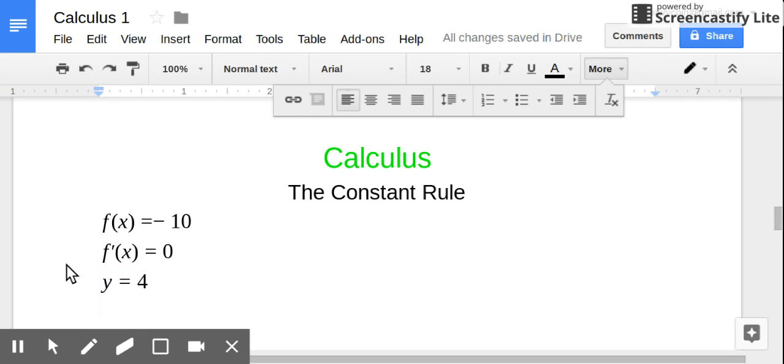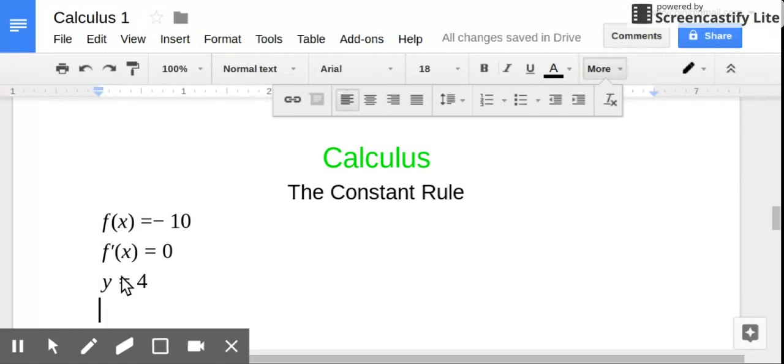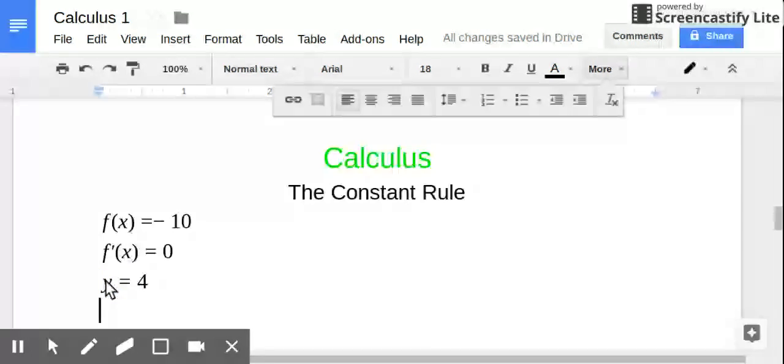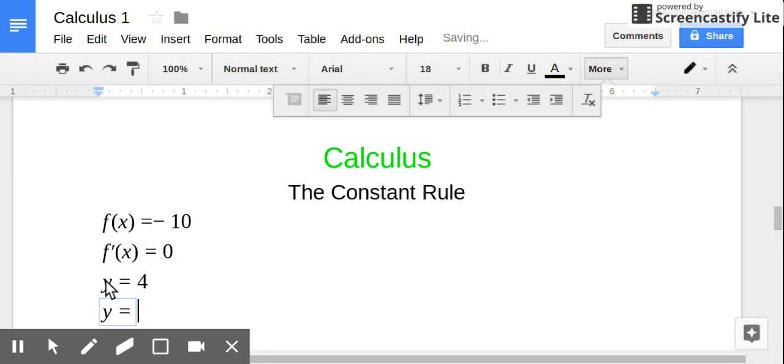And we're asked to find y prime. Okay. Yep. This is going to become an issue, I think. As soon as I get something going, something else happens.